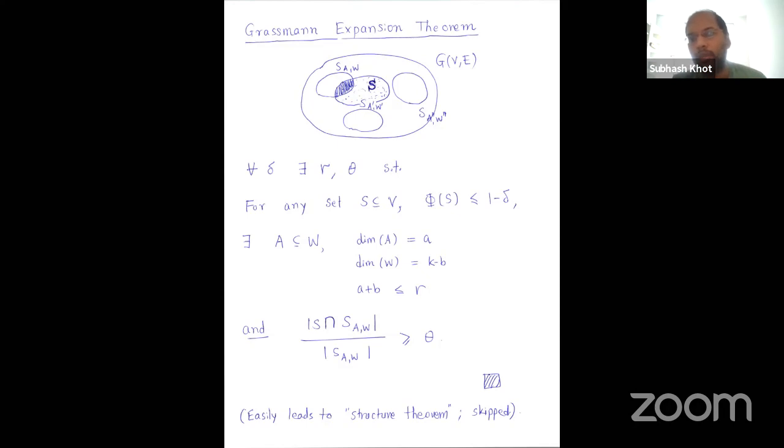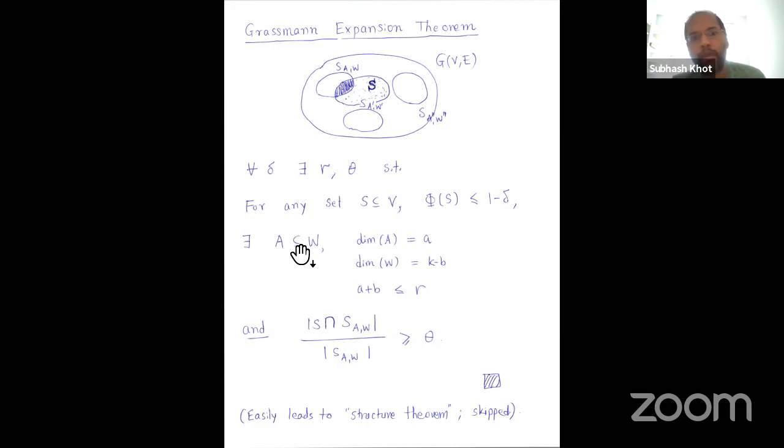Okay, that's the statement. To be precise, for every delta there is an R and a theta such that if you have a set of expansion 1 minus delta, then S intersects one of these sets S sub AW in density at least theta.